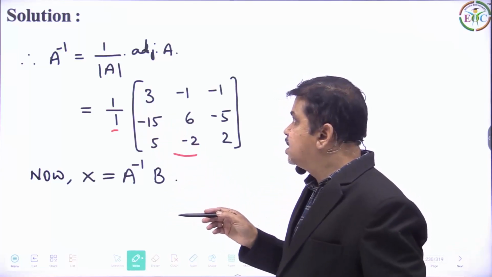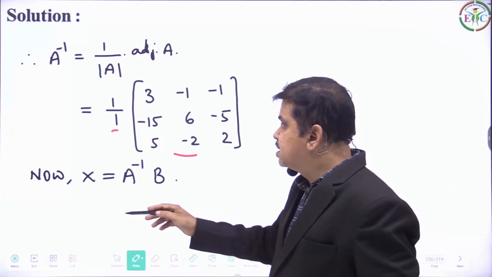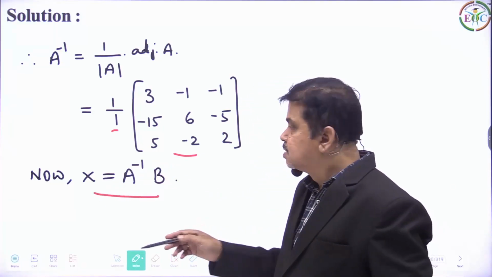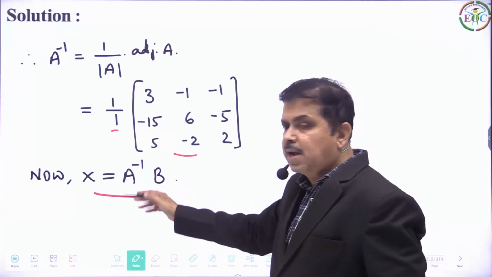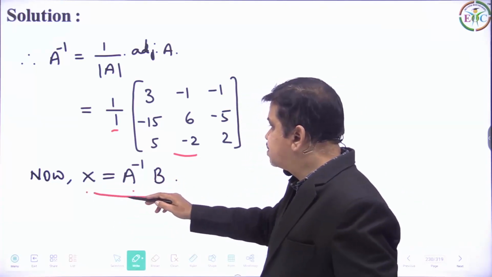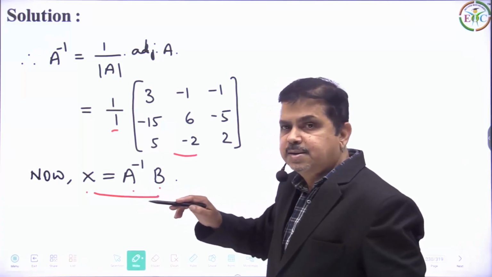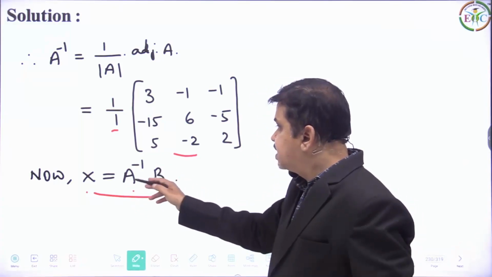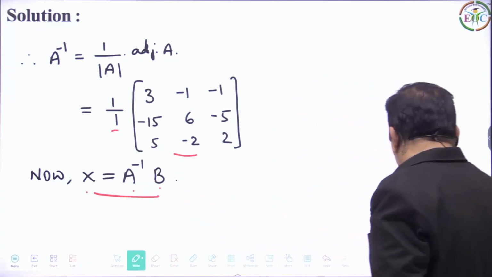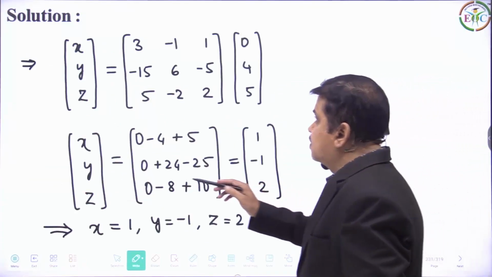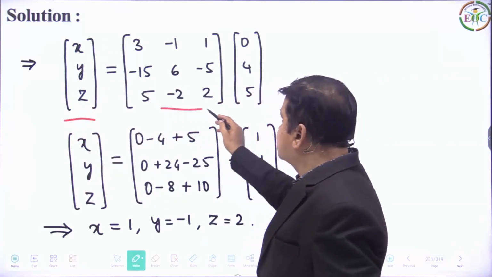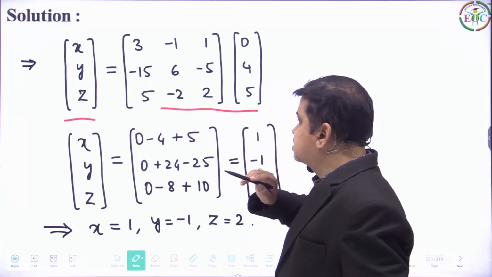After evaluating A inverse, now substituting in the given equation, X equal to A inverse into B. So writing this in matrix form, write down the matrix X, write down the A inverse matrix, write down the B matrix, and then perform the matrix multiplication between A inverse and B. So we have the X matrix on the LHS equal to A inverse matrix and B matrix.